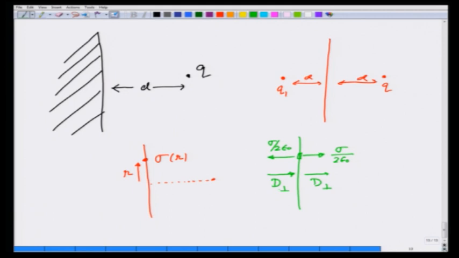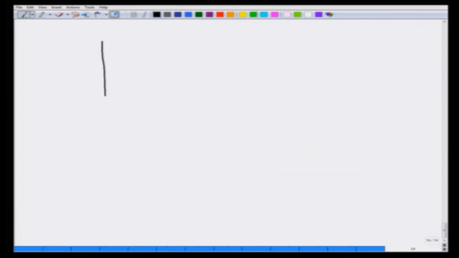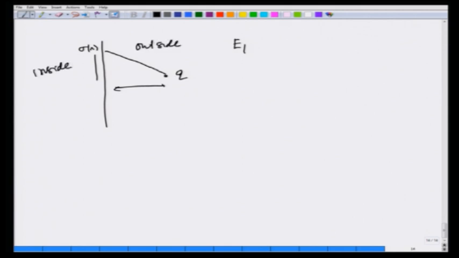Let us do that. So, if I take this surface, this is d, this is q, at distance r, this is sigma r. Then E perpendicular, let us call it outside on the right hand side, inside on the left hand side.